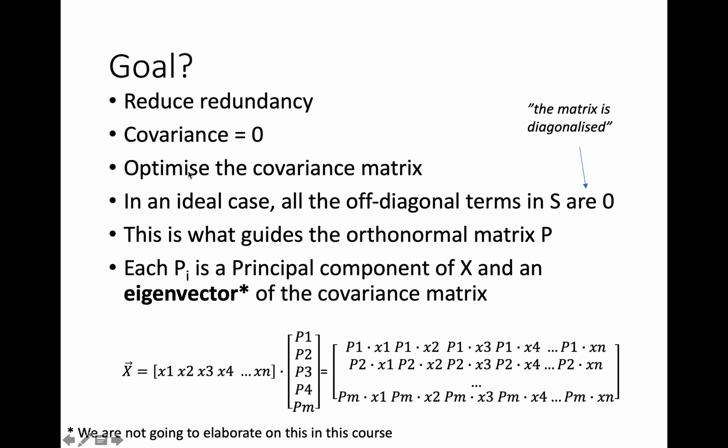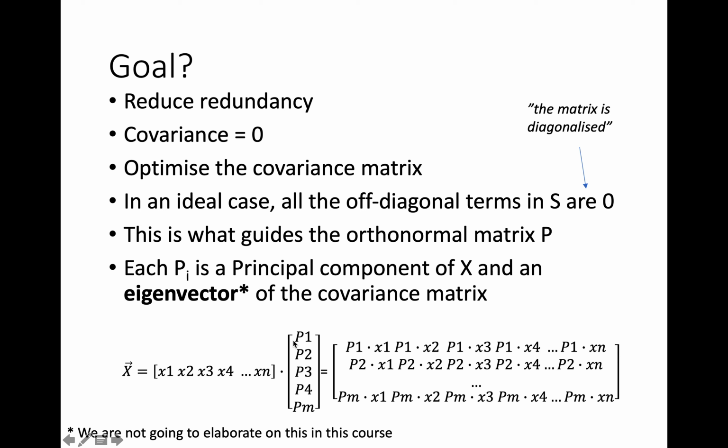I start rotating things. In an ideal case, and I'm not going to achieve an ideal case, but in the ideal case, all the off-diagonal terms are going to be 0. And by that I mean the matrix is diagonalized. And this orthonormal matrix P, orthonormal meaning at 90 degrees, where I'm getting my rotations from, is telling me how to rotate the data so that this covariance matrix is down to 0.